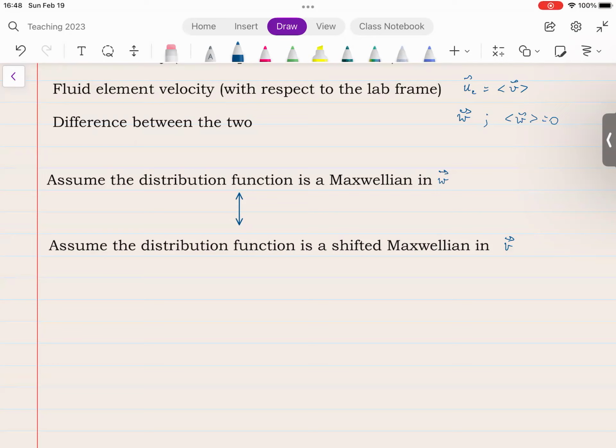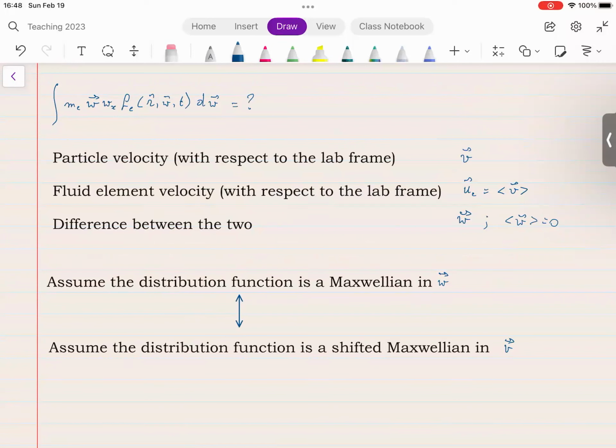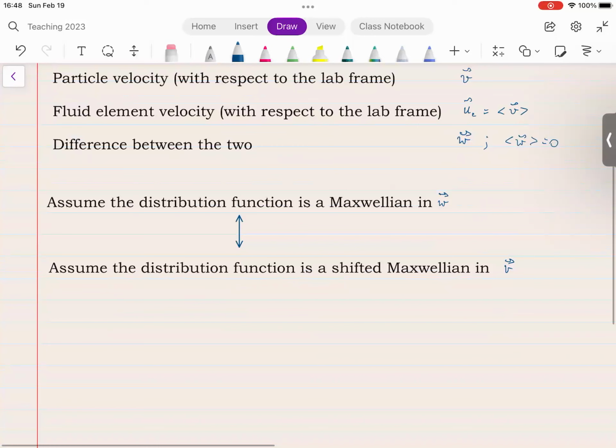But what we now can observe, looking back at this integral, is that if this distribution function is a Maxwellian, it's going to be an even function of W. Therefore, when I have my product, W times Wx, this is going to be equal to Wx squared in the x direction plus Wx Wy in the y direction plus Wx Wz in the z direction.